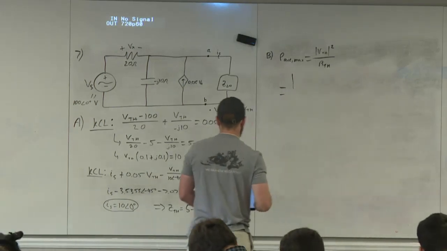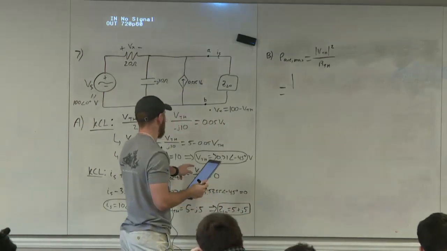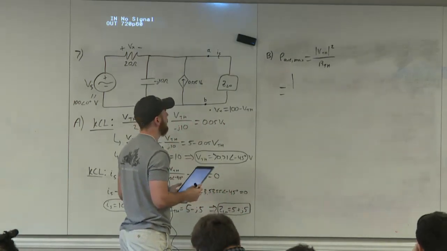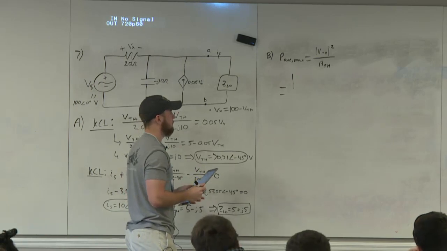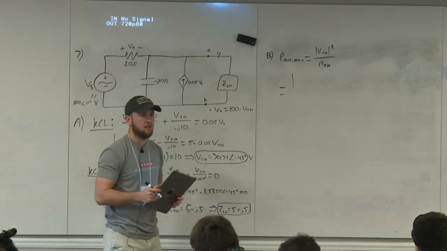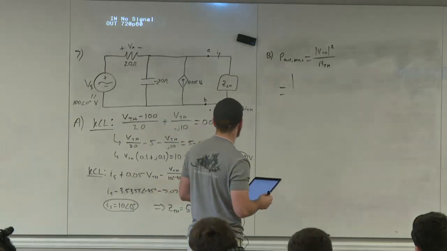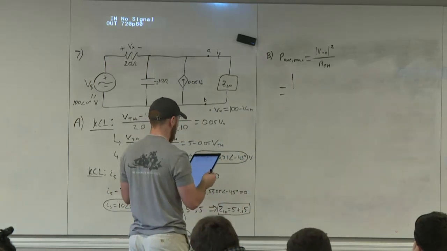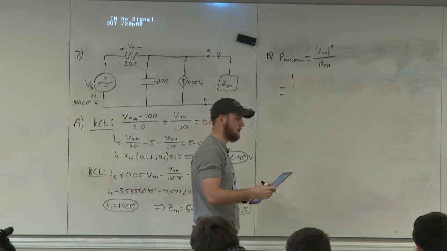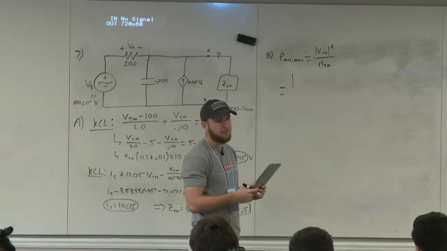If we just used this value for V Thevenin, it would get us the wrong answer. Does anybody know why? Right, exactly. We have to convert that to RMS because it's average power. The key word there is average. Whenever it says average, you want to be using root mean square.